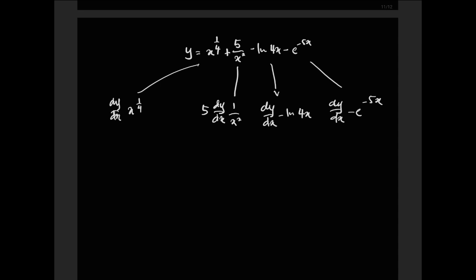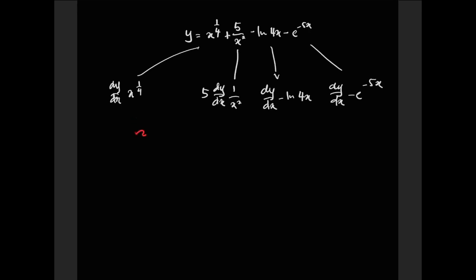So we can just proceed with the derivative. For this one, we get 1 over 4 x to the power of 1 over 4 minus 1, so you will get negative 3 over 4.